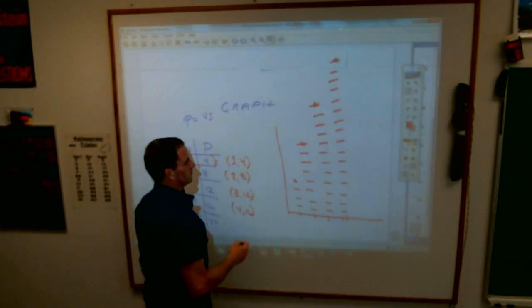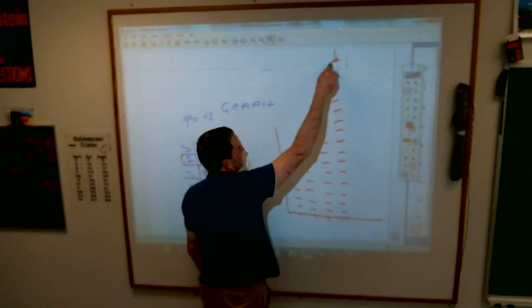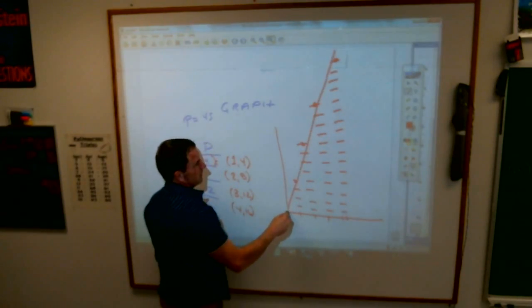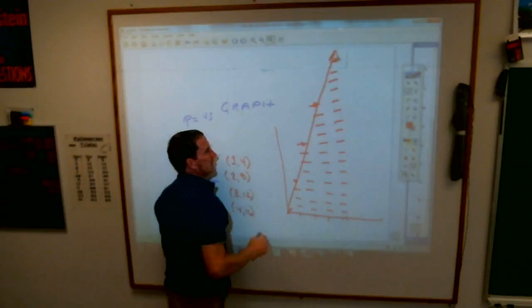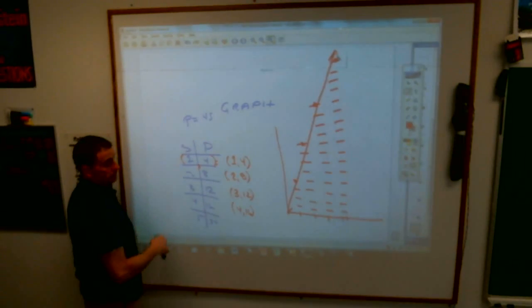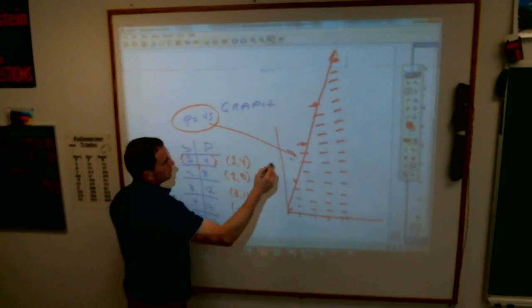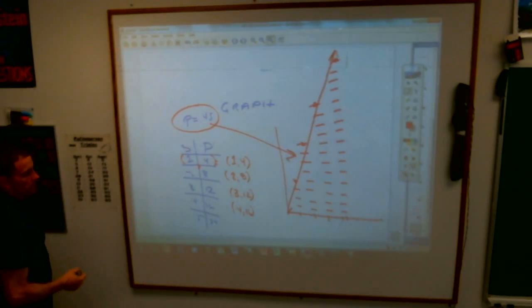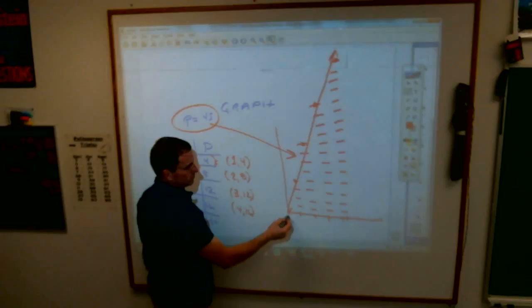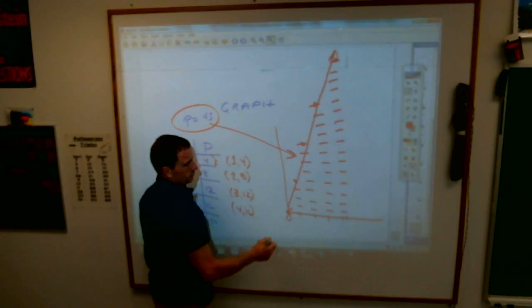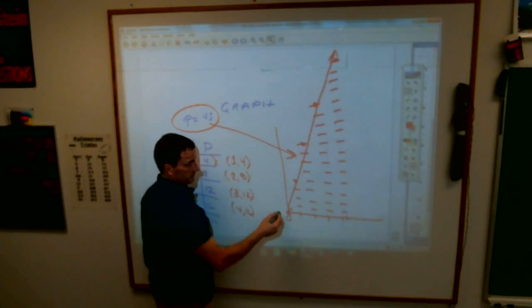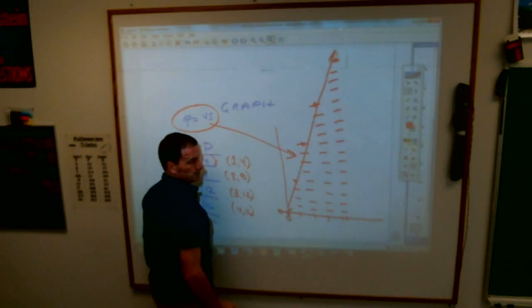If I was doing it on graph paper, I would connect those dots, and they all form a nice straight line. That is the graph of this function. Notice, if my side is 0, guess what my perimeter is? 0. That's at (0, 0).